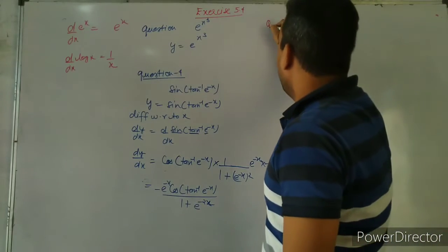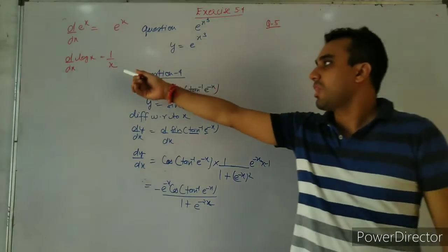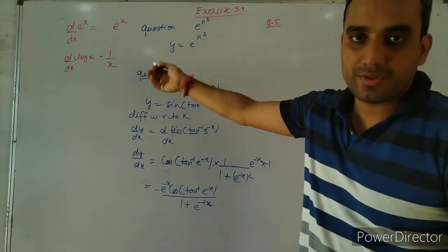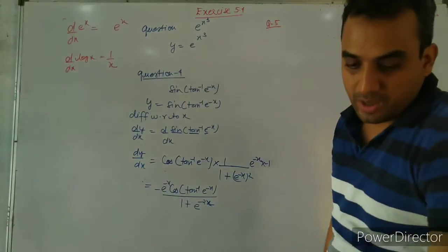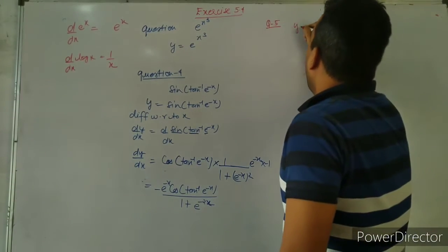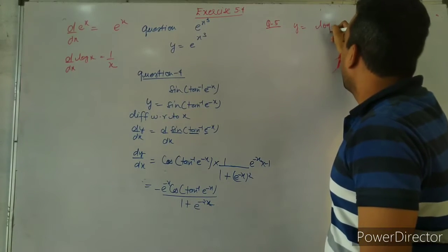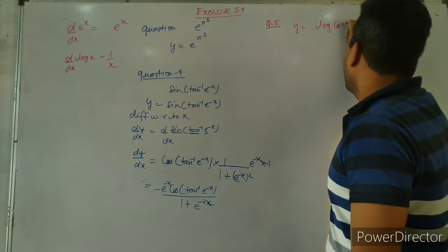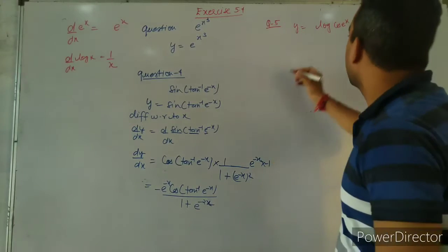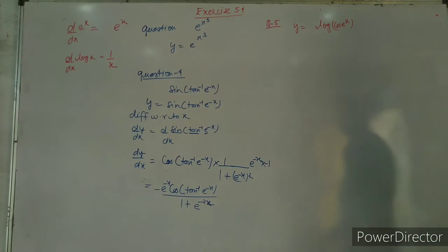In question number 5, we will use the identity that the differential of log x is 1 upon x. How am I going to use this? Let y equals log cos e to the power x.